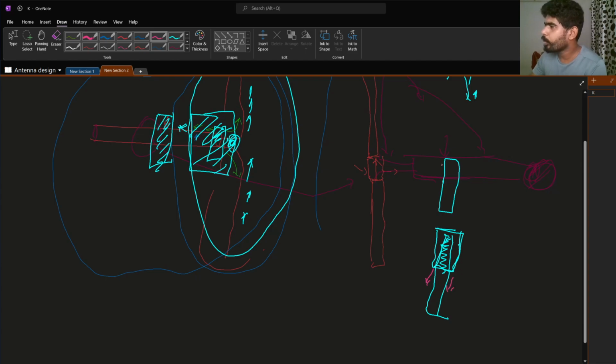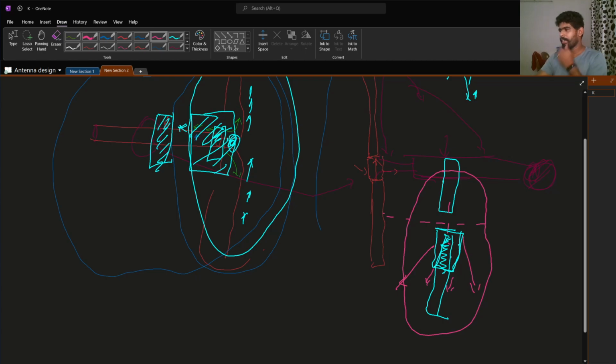So when you take the pattern, maybe this is your axis, and if you take the pattern, it may look something like this. More power is radiating in this direction. So what you can do is reduce this element length, cut it.